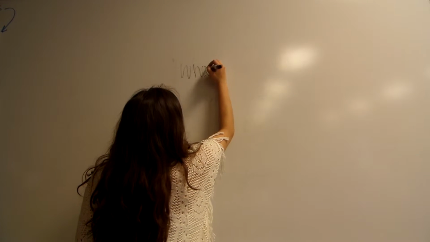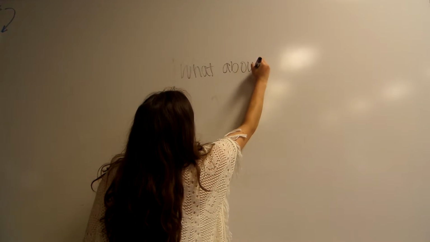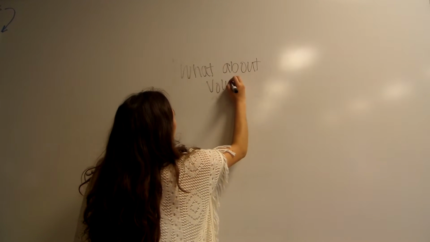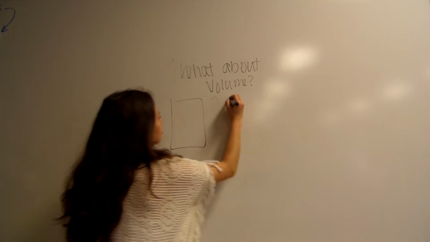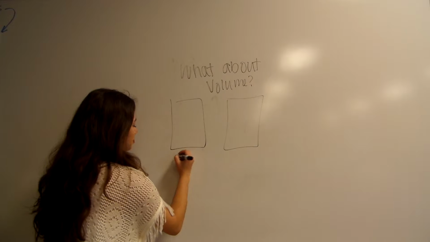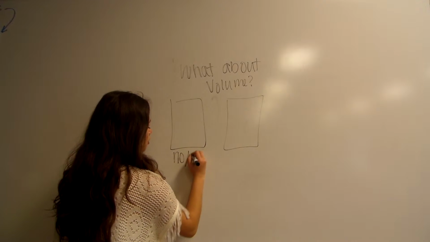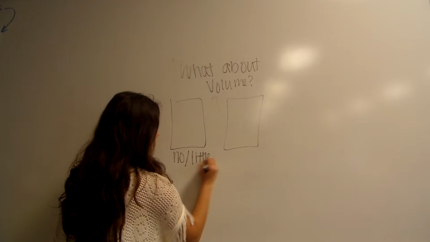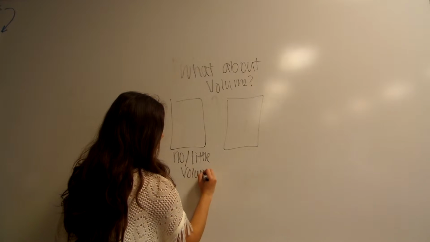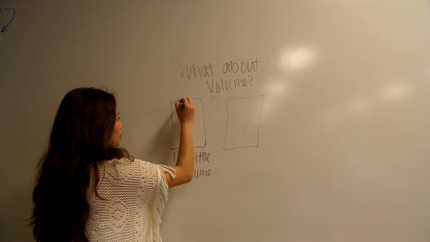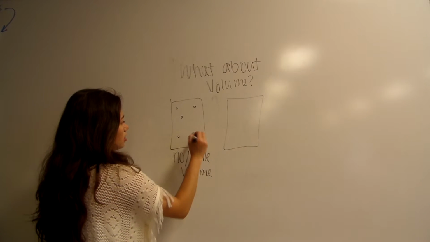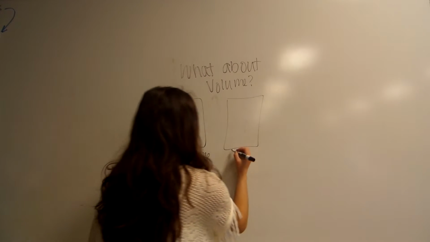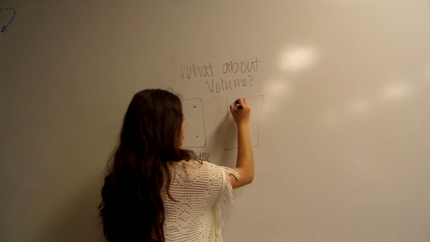And what about volume? Well, in this container, we're going to have no or little volume that the particles take up. So there's just going to be little dots. And then in this, it has volume.